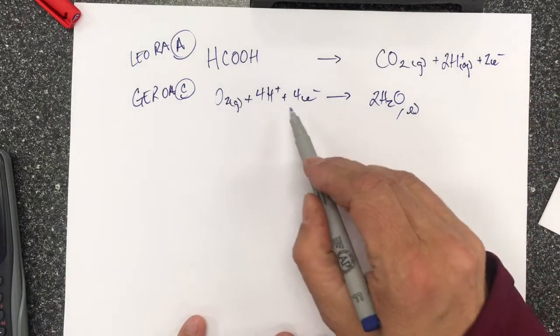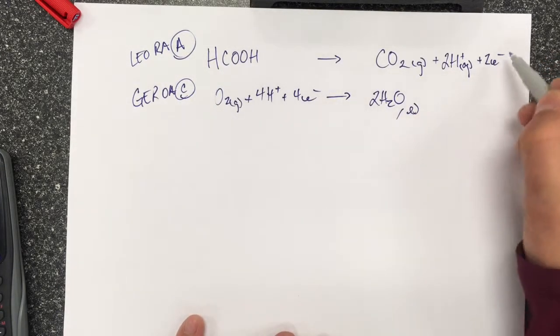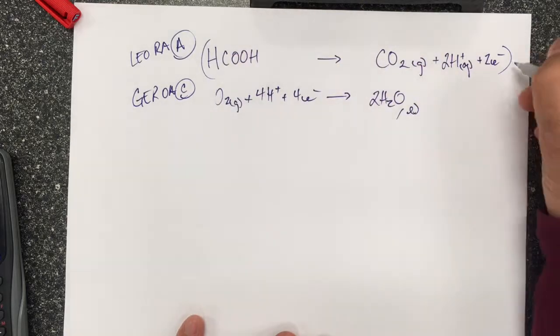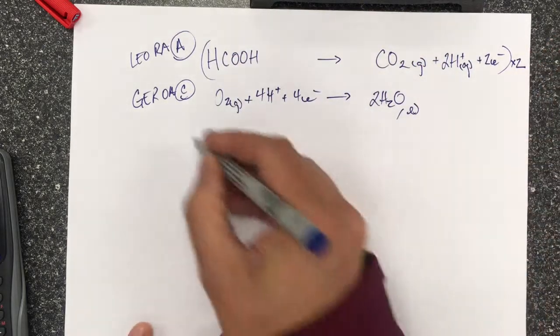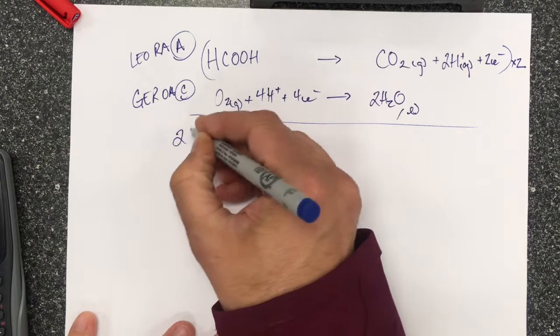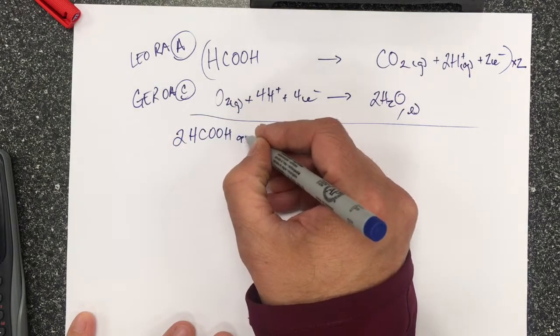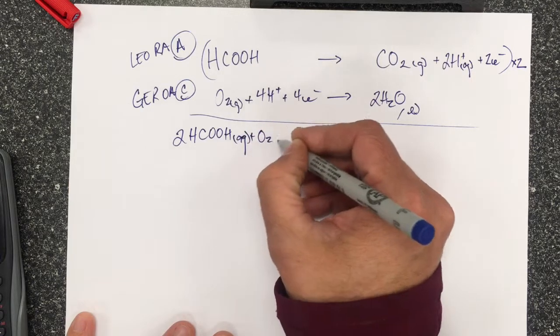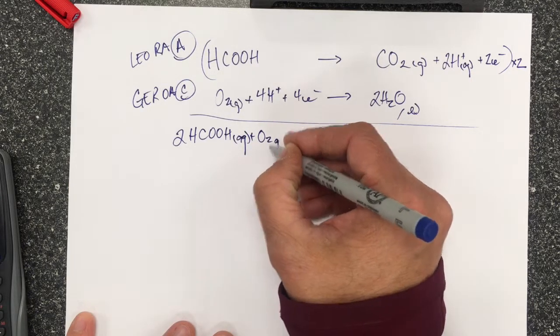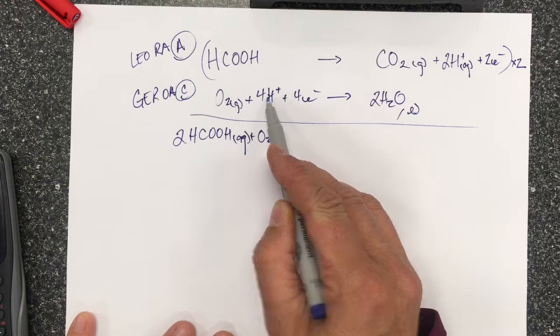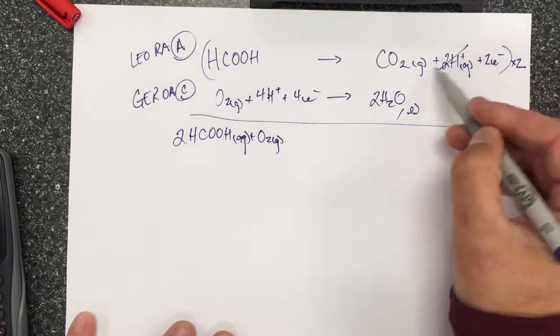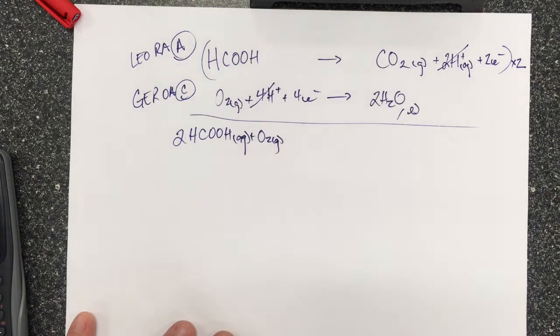And here you can see I've got 4 electrons and 2 electrons. To balance and get a net reaction, I need to multiply this by 2. So my net reaction has 2 methanoic acids and an oxygen gas. But here I've got 4 hydrogens and I have 2 times 2, so I have 4 hydrogens in the reactants and the products.